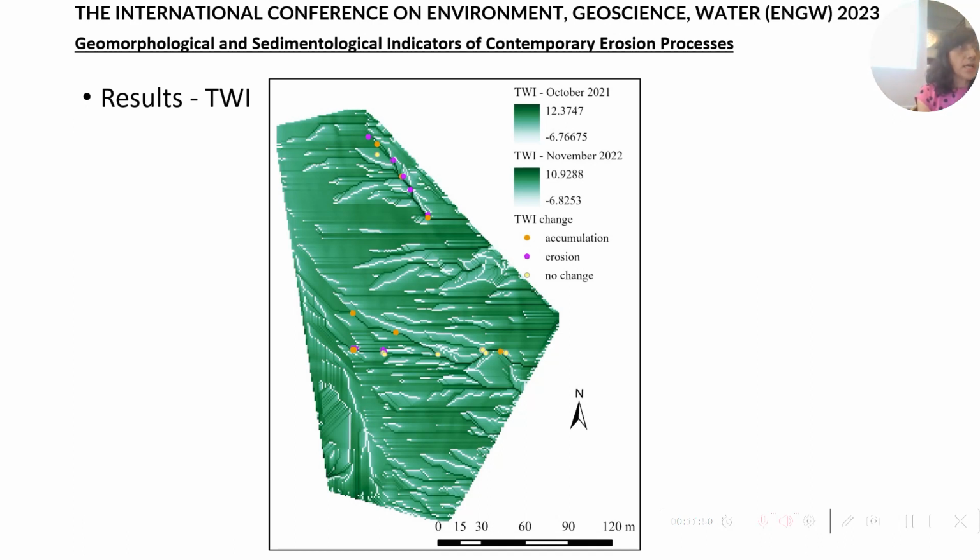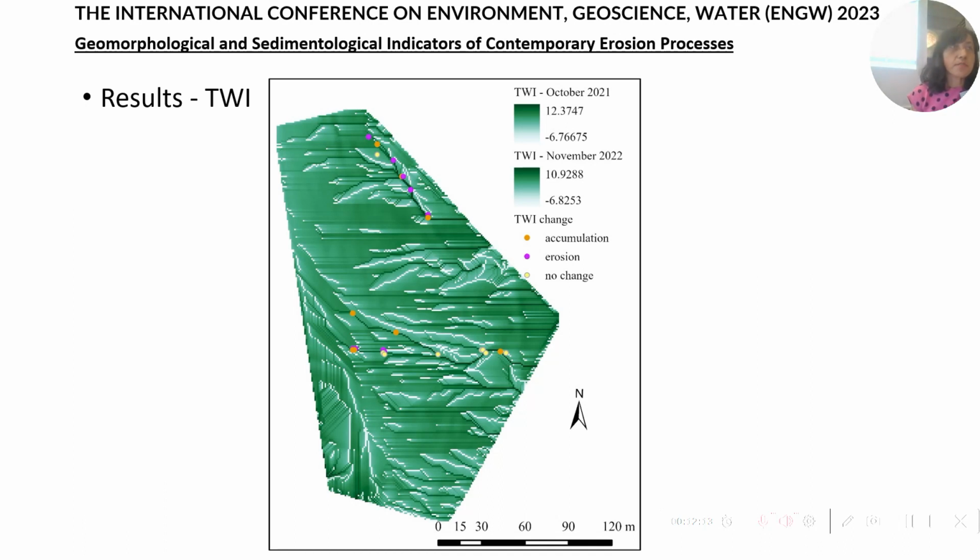Actually, this index shows the ability of the topographic surface to collect water, and it is calculated as the natural logarithm of the ratio between the specific contributing area and the tangent of the slope gradient.